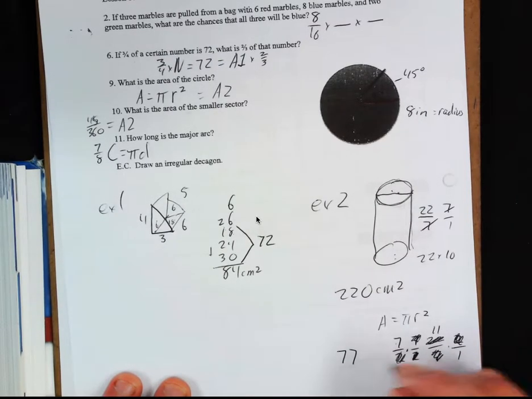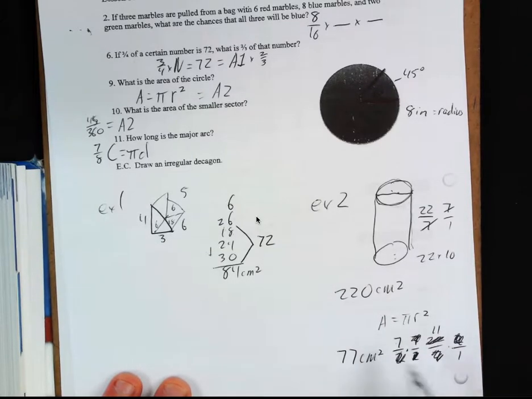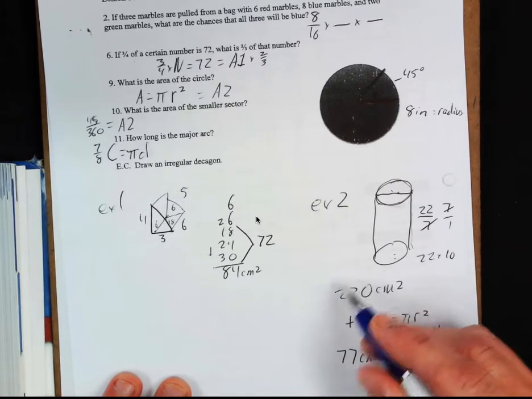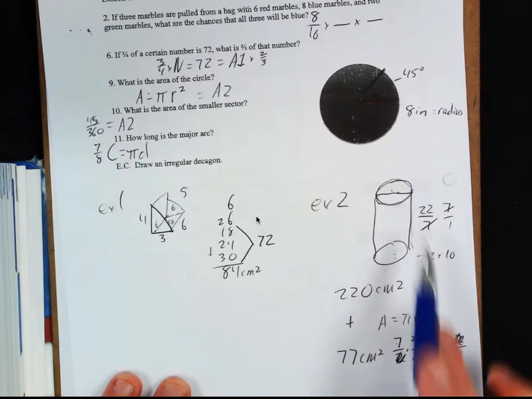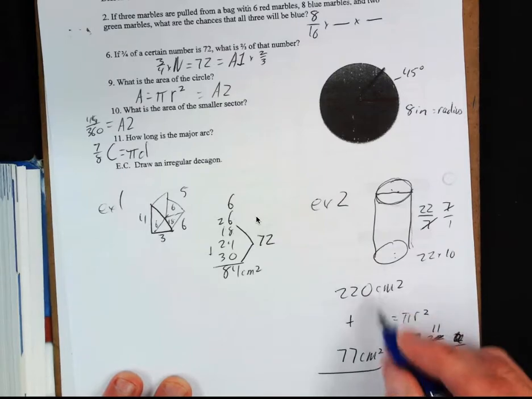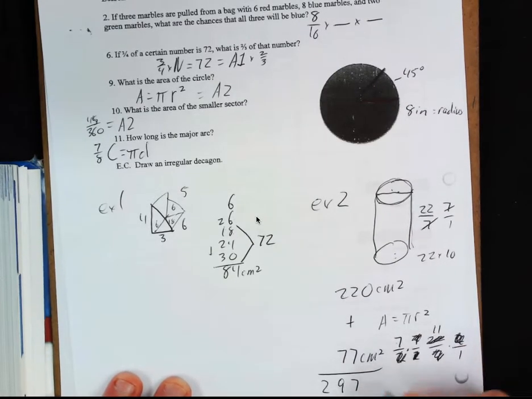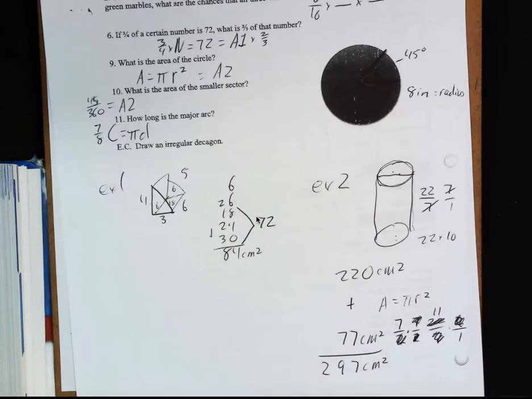The area of the 2 circles is 77 square centimeters. What do I have to do? I have to add that to the total lateral. So 220 plus 77, 0 plus 7 is 7, 2 plus 7 is 9, 2 plus nothing is 2. I have 297 centimeters squared.